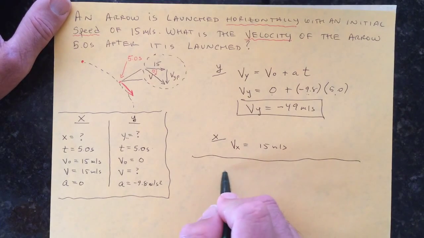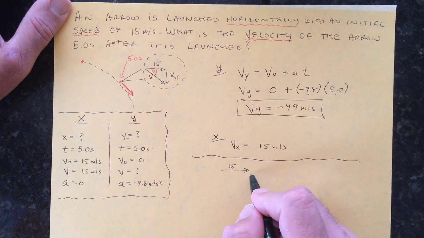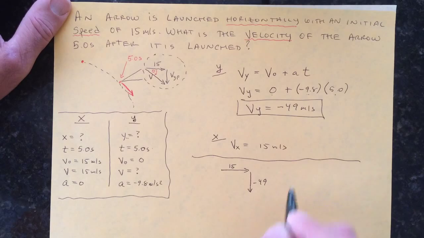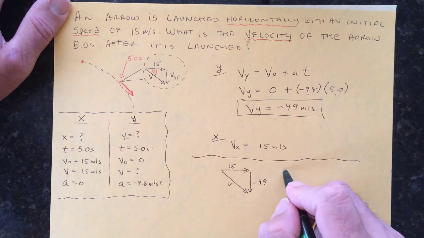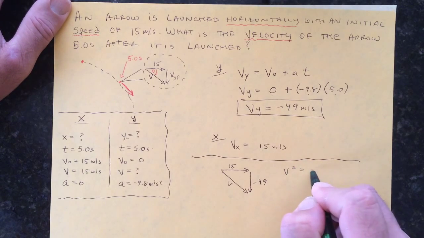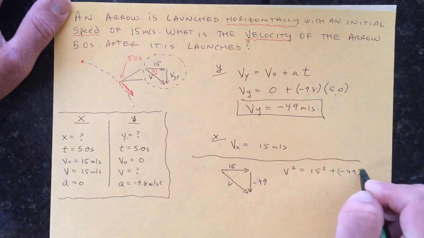So I'm going to draw that triangle again. We know we're going 15 meters per second in the x direction, negative 49 meters per second in the y direction. So that way I can figure out what v is. So I use the Pythagorean theorem. V squared is equal to 15 squared plus negative 49 squared.